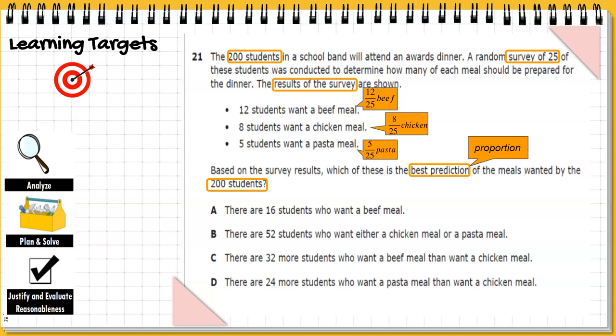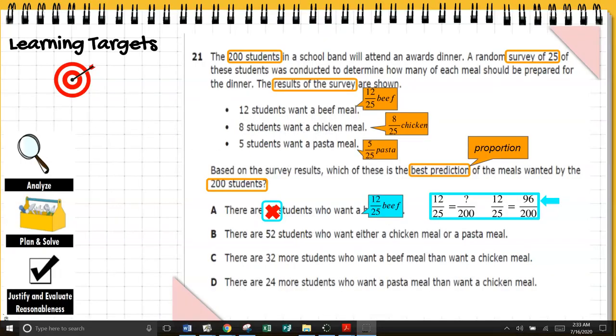So in A, it says 16 are beef. So my annotation, well, beef is 12 out of 25. So I'm going to set up my proportion. 12 out of 25 is blank over 200. Well, to get from 25 to 200, I do times 8. So 12 times 8 is 96. 96 and 16 are not equal. So that is incorrect.